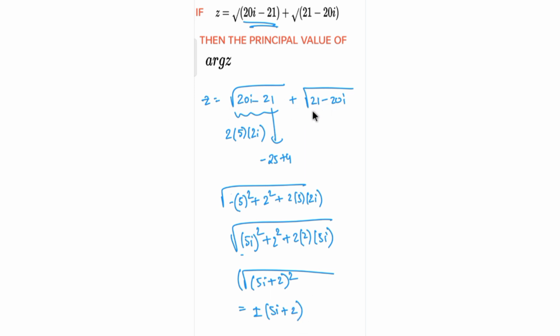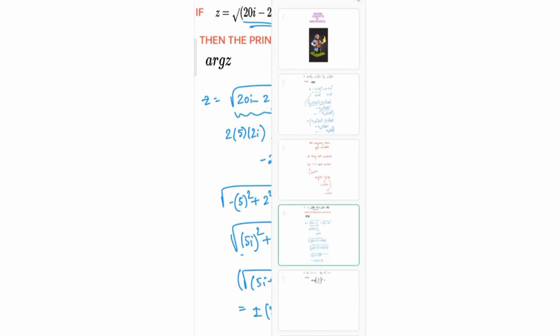And coming to the second bracket, in the second bracket also we can simplify in the same way. So I'll just move to the next page. This is root over 21 plus 20i. In the same way, we get root over 25 plus 2i whole square, plus 2 into 5 into 2i.